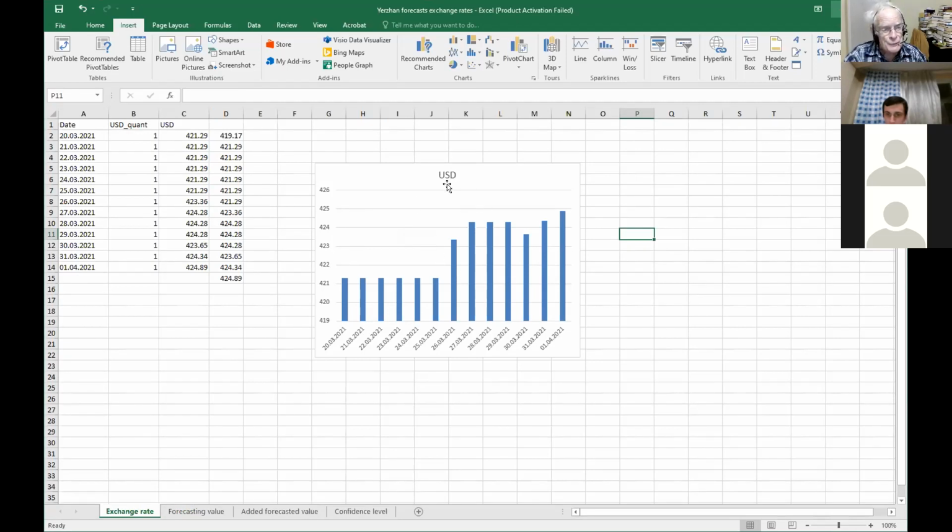Here is the exchange data that your son had used, and you can see that there is a definite change in exchange rates going from March 30 to March 25, and then all of a sudden, the exchange rate jumps up after March 26th.